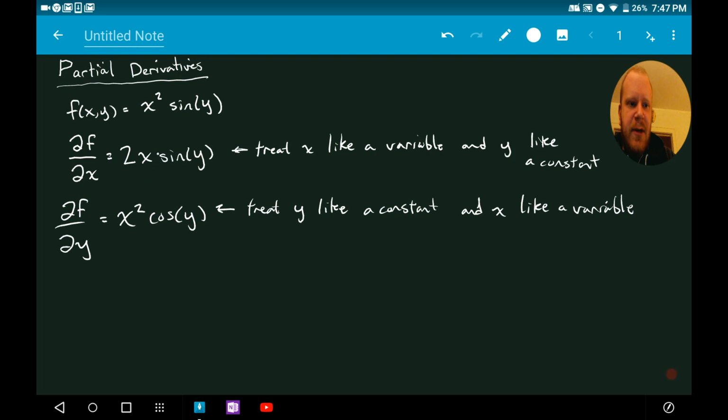This is a pretty straightforward example. Some of the subtle points that I want to make here are that it's going to seem silly when I do this. So df dx, I want you to think about this as having two meanings, right? The first meaning is the change in f with respect to x.